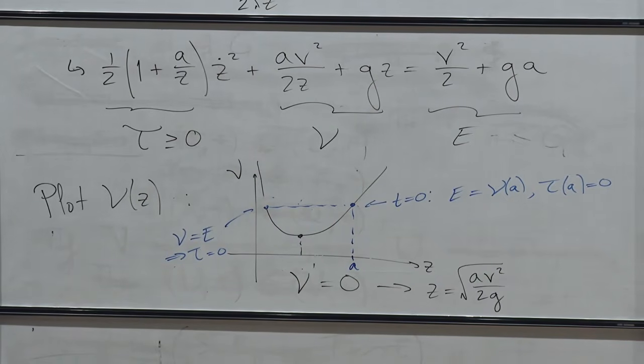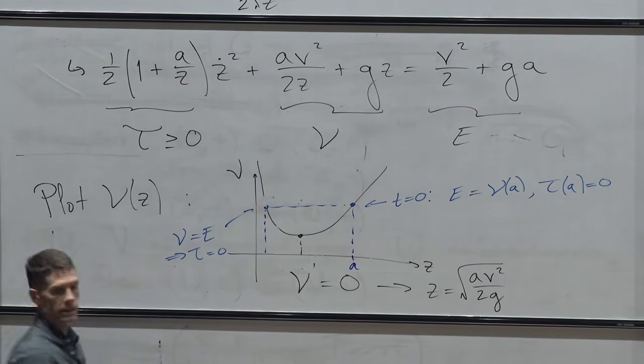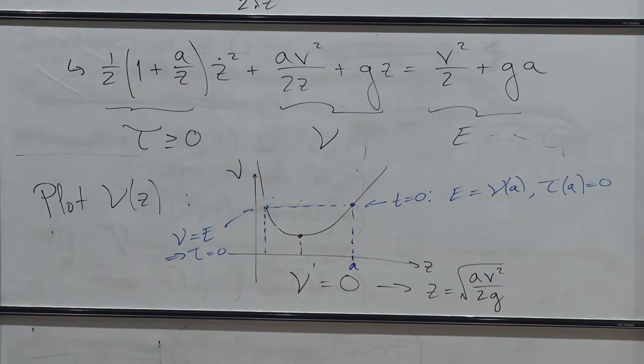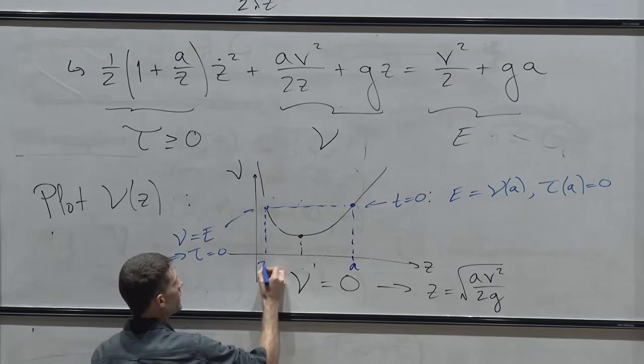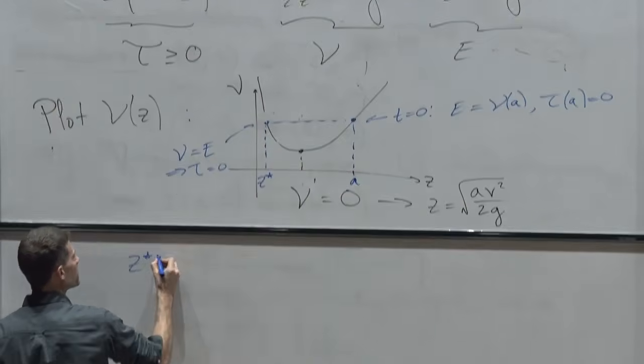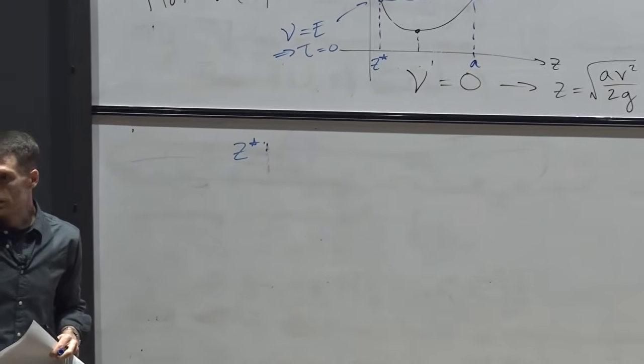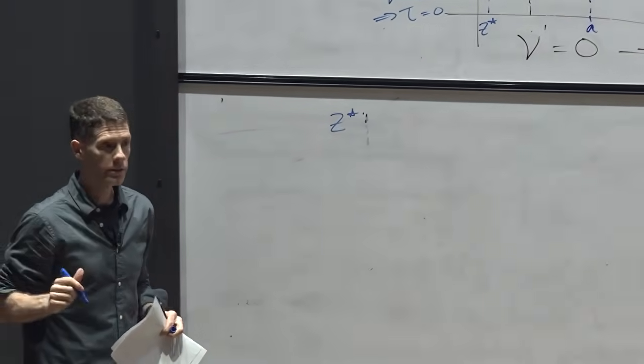And we can even go further. So you can do more calculus. You can say, I can work out what that point is, and that's the other place where, let's call that z star. Z star is such that all the energy is in the V. Right?